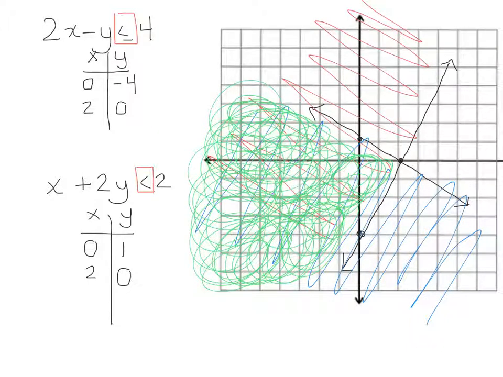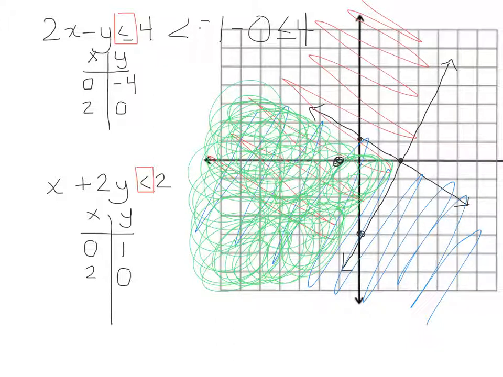Let's demonstrate. If I pick a point other than 0, 0, which of course we know worked in both of those inequalities, say I pick this point right here at negative 1, 0. If I substitute negative 1, 0 into the first inequality, I'll have 2 times negative 1 minus 0 is less than or equal to 4.